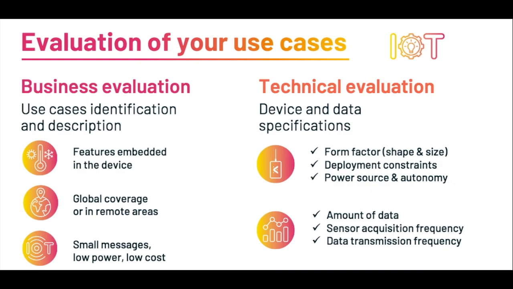For example, the features embedded in the device. That can be sensors, temperature sensors, pressure, light sensors. If the main necessity is to have a global coverage or in remote areas, because that is our added value with the satellite. And then if it needs an IoT-like connectivity, which means small messages at low power with low cost.